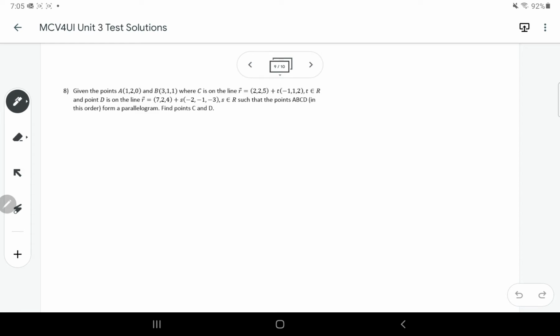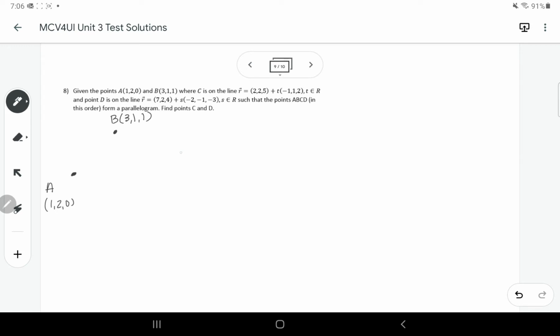Okay. The next one, this one there was a little bit more calculations and there was an exact answer. So for number 8, it said, given points A and B, so let's just throw those out there. A is 1, 2, 0, and B is 3, 1, 1.